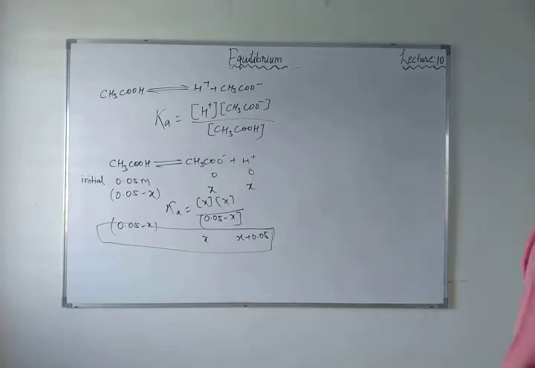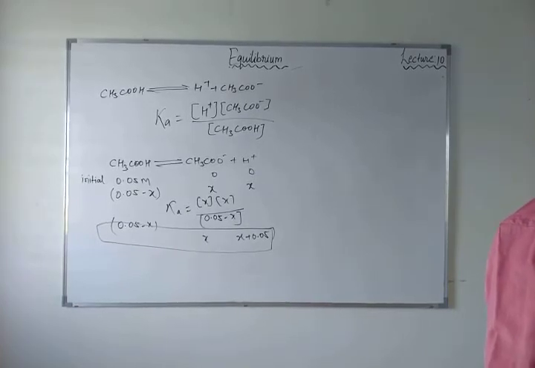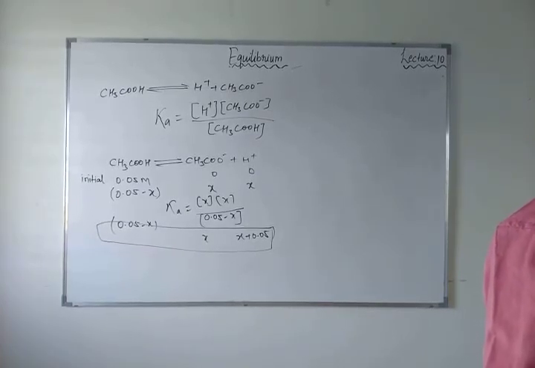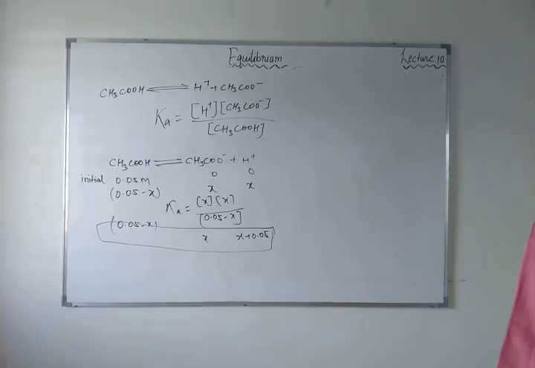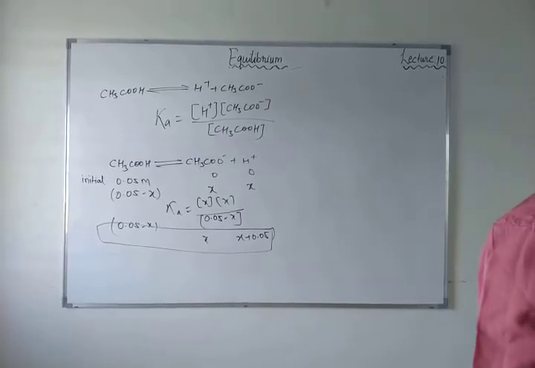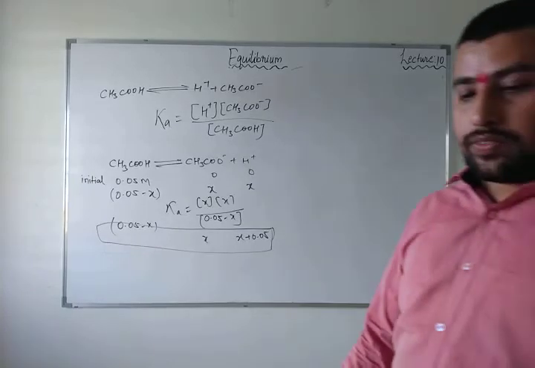So here only two topics are left: hydrolysis of salt and the pH of the solution, and buffer solution. So we will not take more video. I'll just complete it in this only. So it's very easy to understand. Let's make you understand about the hydrolysis of salt and the pH of their solution.